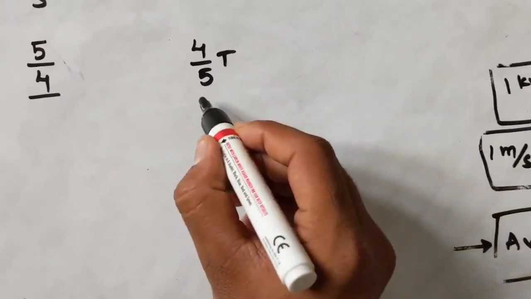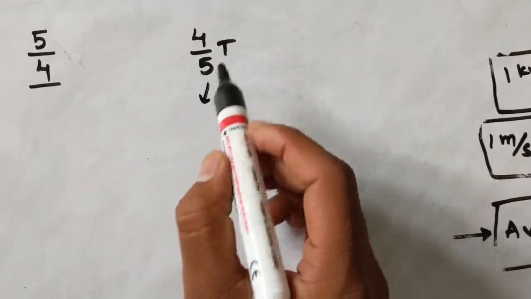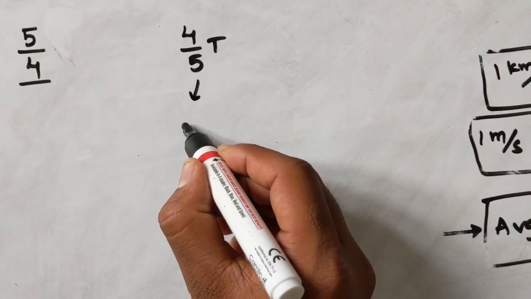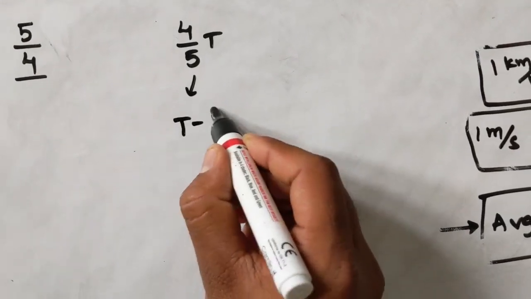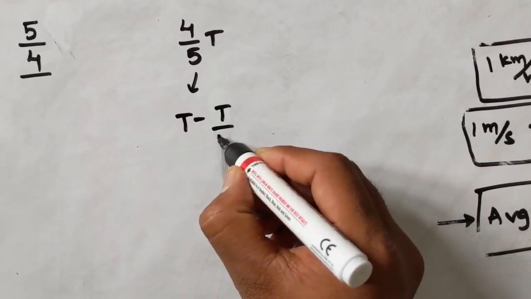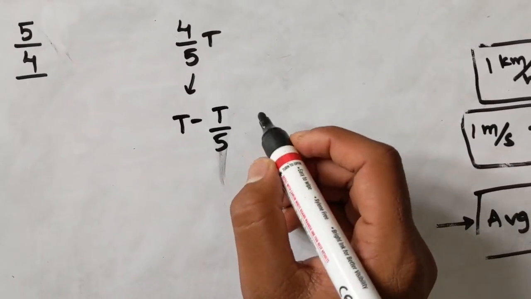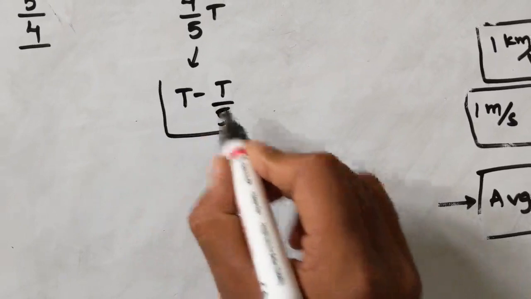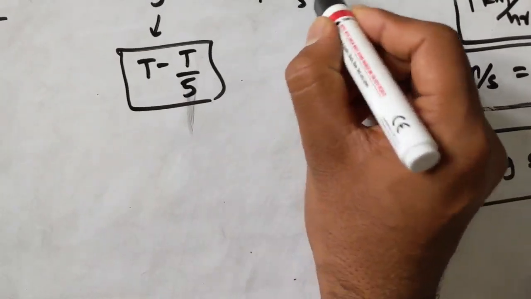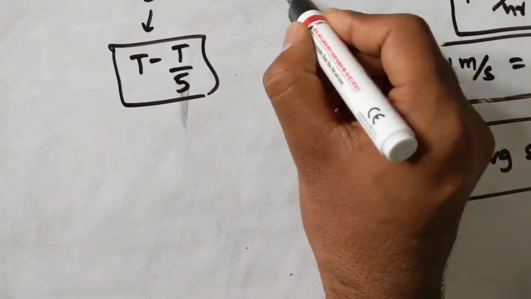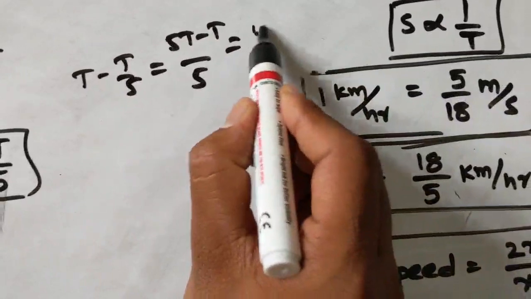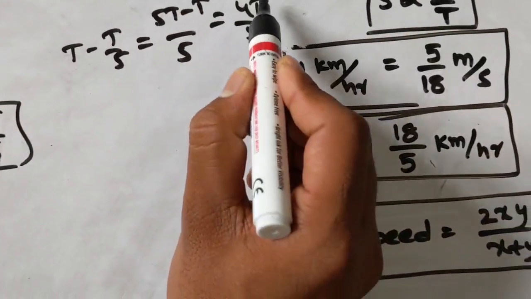Now I can write it as t minus t by 5. See, t minus t by 5, with LCM 5, is 5t minus t, which is equal to 4t by 5. Both are the same, right?